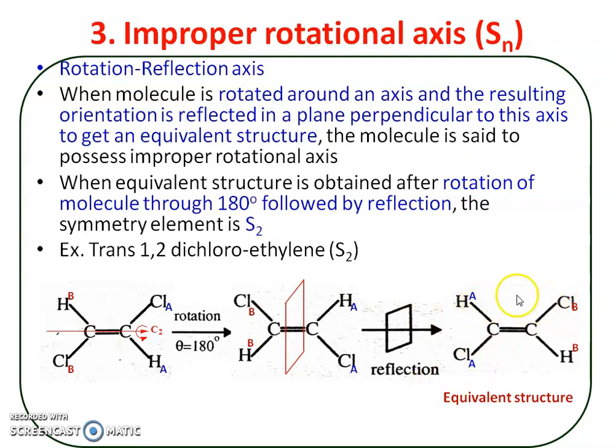Similarly there is an exchange between hydrogen A and chlorine B. Now look at this final structure 3 and the first structure 1. In structure 3 and structure 1, the positions of chlorine are the same, there is no change. Actually ClA and ClB are exchanged with each other, but chlorine is at the position of chlorine itself, and the positions of hydrogens are also the same.